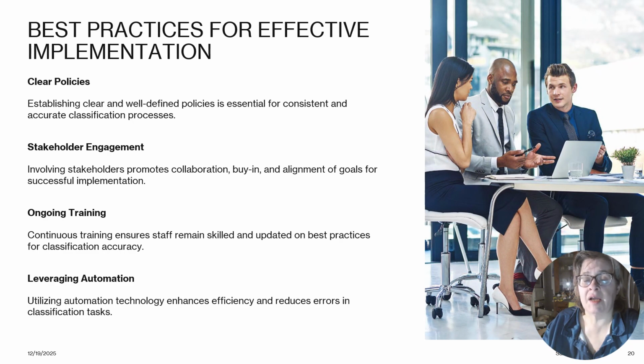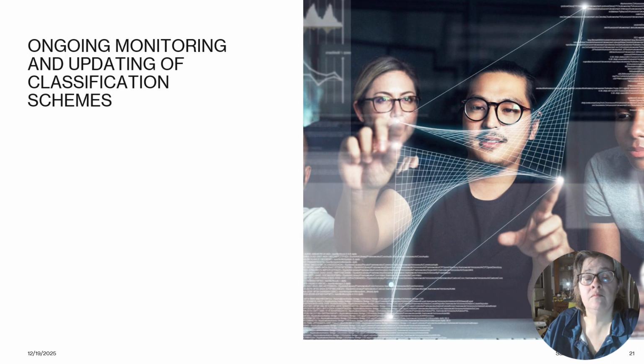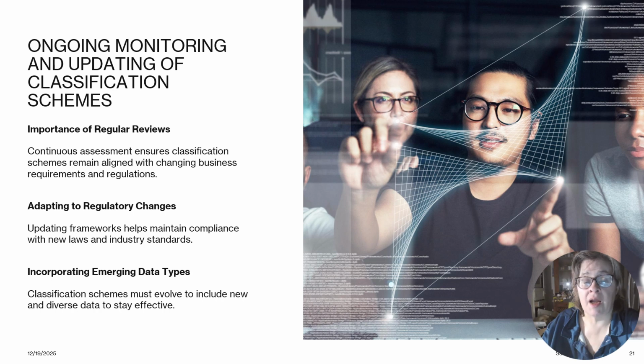Successful classification requires clear policies, stakeholder engagement, ongoing training, and leveraging automation to ensure accuracy and efficiency. Regularly reviewing and updating classification frameworks is vital to address evolving business needs, regulatory changes, and emerging data types.